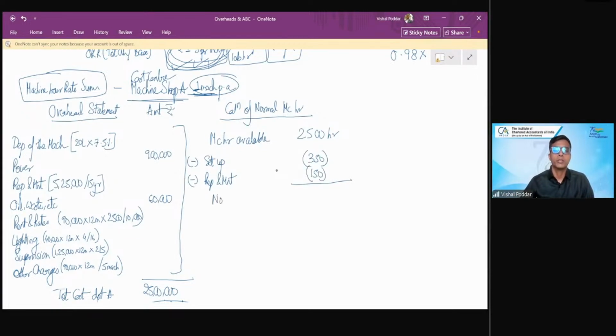And then what you get is your normal productive machine hours. So this may be the additional calculation required in the sum. Correct? So this is how we find out the machine hour rate.